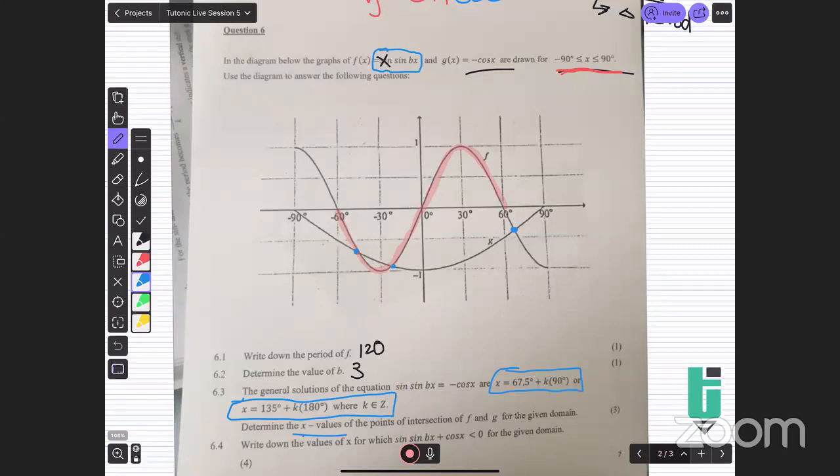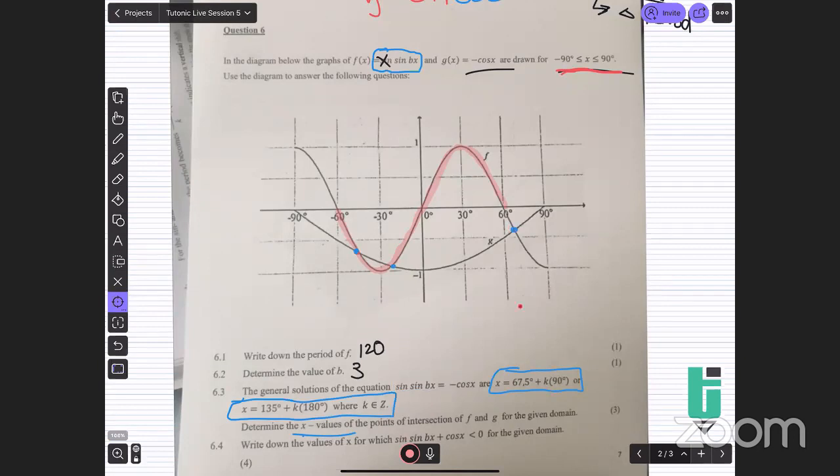So if you sub in k to be 1, what does it give you? Is that in this graph here? If k is 1? No, because it's 90 plus 67. If k is 0, x is 67.5, so I'm thinking that's this, right?